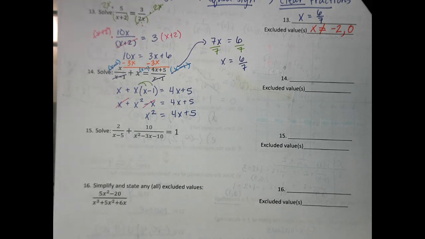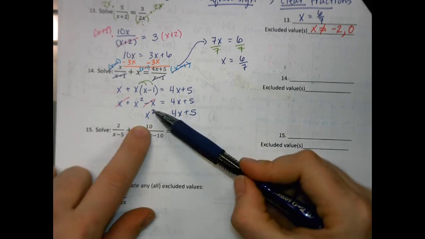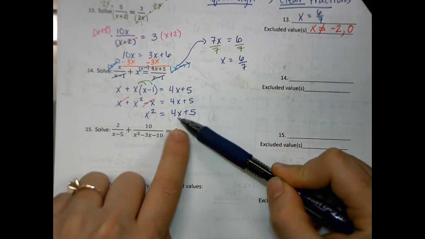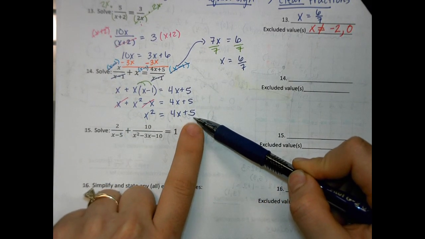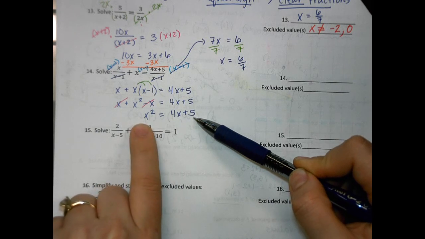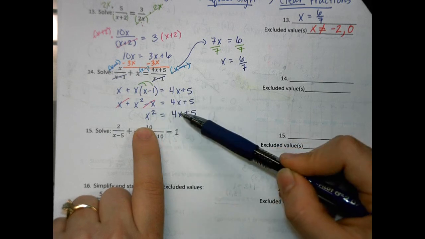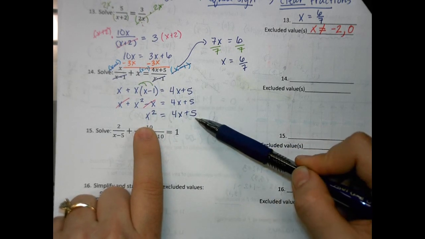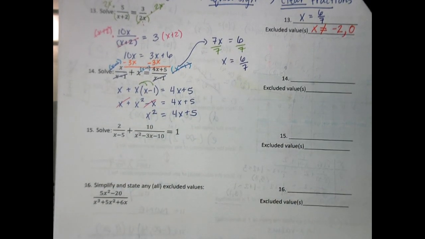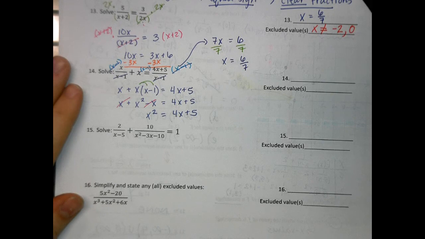Now, am I going to have a trinomial or not? Yes, because I have an x squared term, I have an x term, and I have a constant. Whenever you have an x squared term and an x term and a constant, you can make a trinomial. How am I going to make this into a trinomial? Subtract.